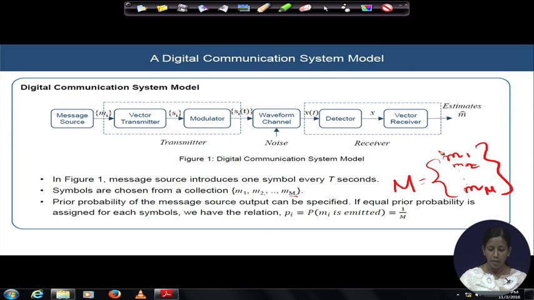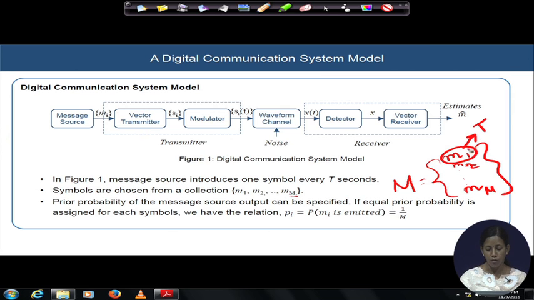Each message in this alphabet is called a symbol, and each symbol has a duration of T seconds. Moreover, the message source draws randomly one of these symbols from the set and sends it to the vector transmitter.